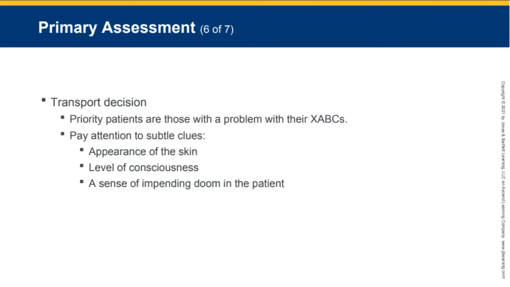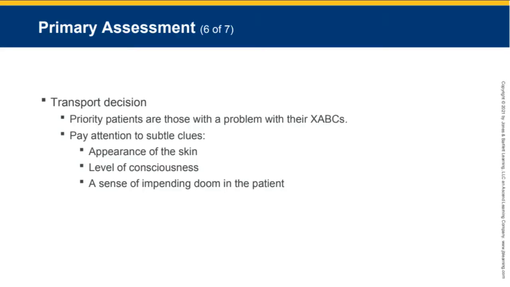So make your transport decision. Priority patients are those with a problem with their X, A, B, C, and X here is for exsanguinating bleeding. That's bleeding that you can't control. Do they have airway issues, breathing, or circulation problems?